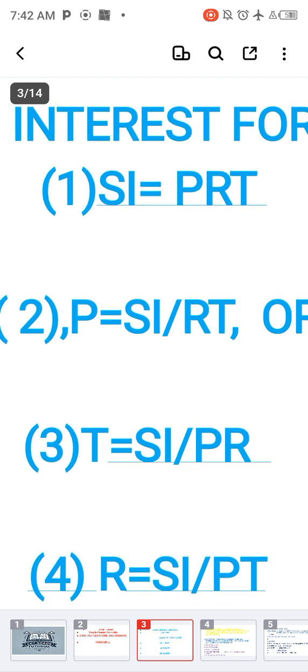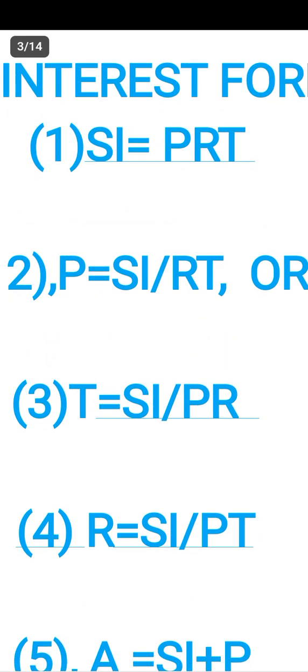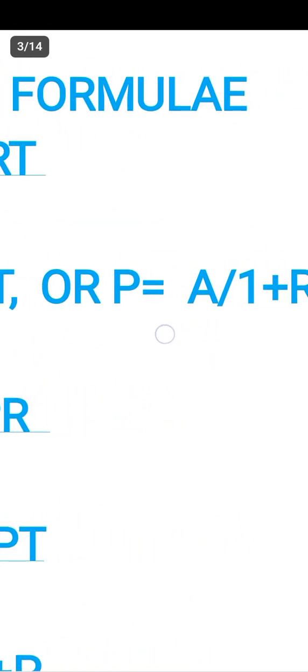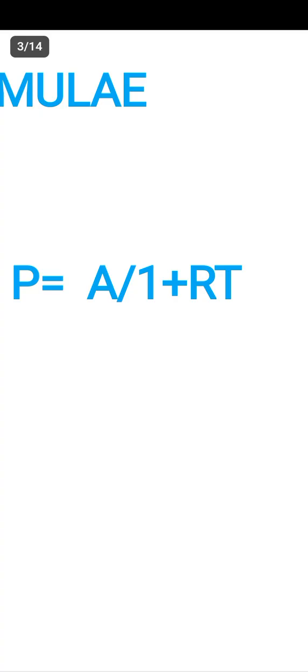But in a situation where you are not given interest and what is given is the amount, this is what you will use to solve that question, which is amount over 1 plus rate times time. P is the principal we are looking for.